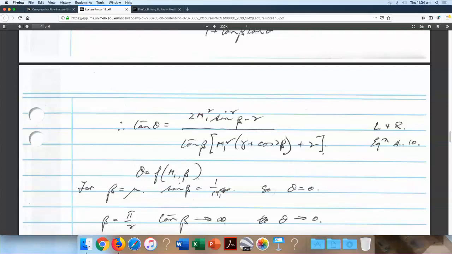And beta can go from beta equal to mu, where sine beta is therefore 1 upon the Mach number.